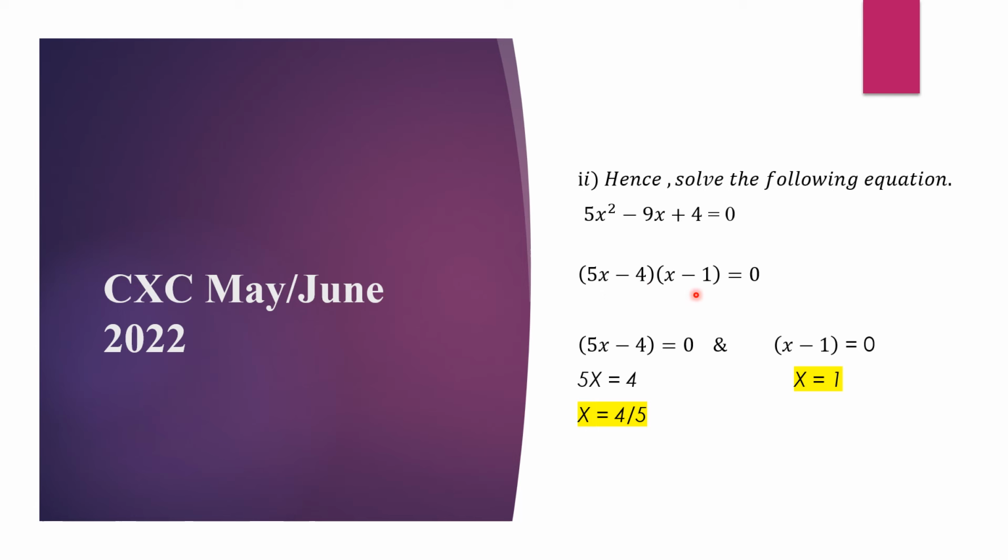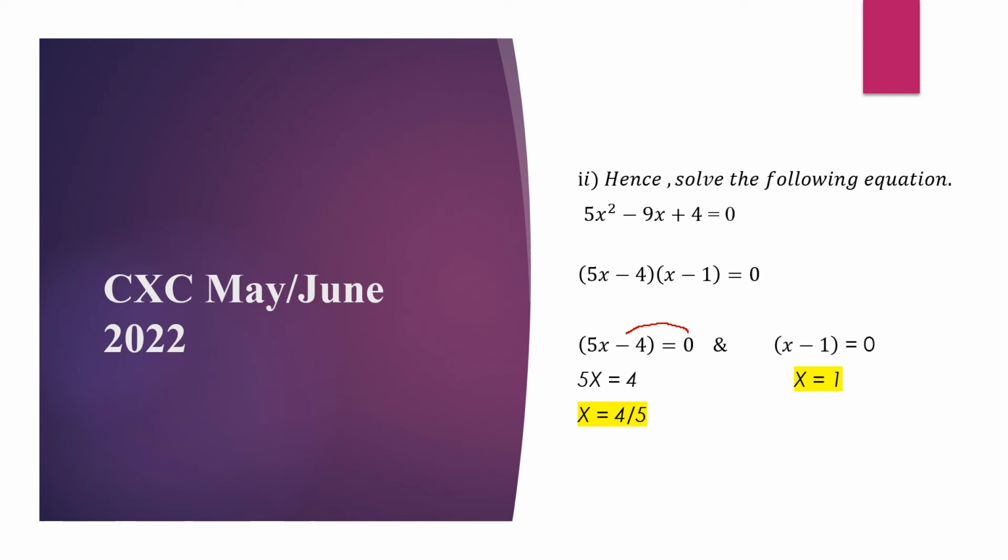So we equate these two factors to 0 and we solve them one by one. The first one that says 5x minus 4 is equal to 0, we remove the brackets to get 5x is equal to 4 as we carry over the negative 4 over the equal sign, so it becomes a positive 4.